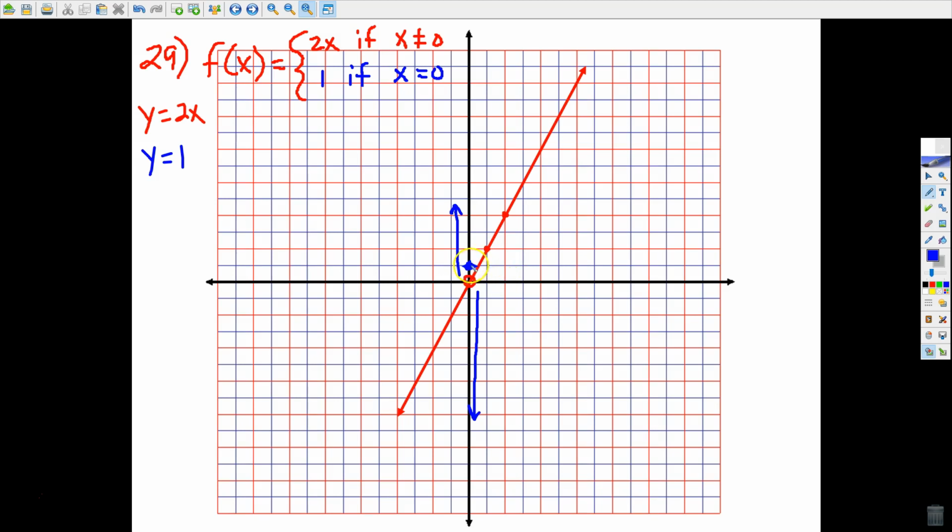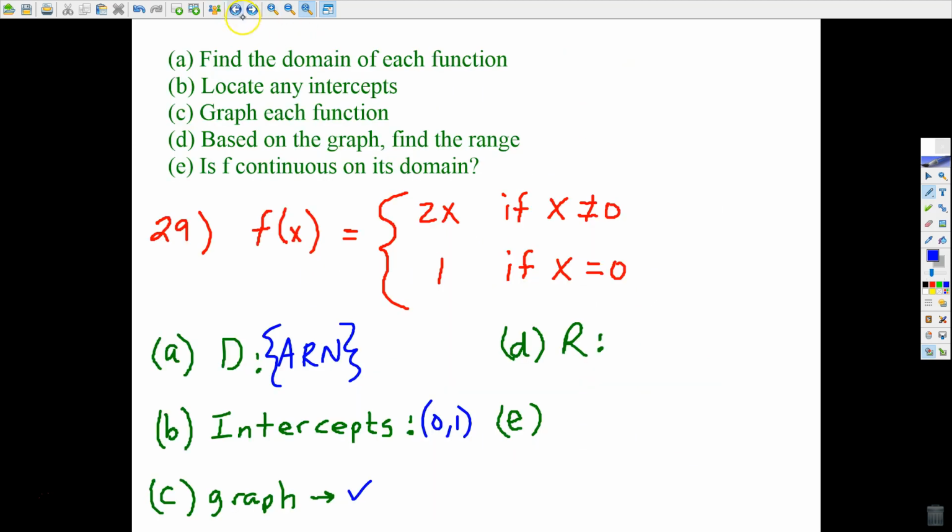The blue and the red basically use that same number 1 together. The only number on the y-axis that's not being used when we put these two together is 0. So we're going to express it as the range can be any number such that it cannot be 0. So the range will involve every number except for 0.